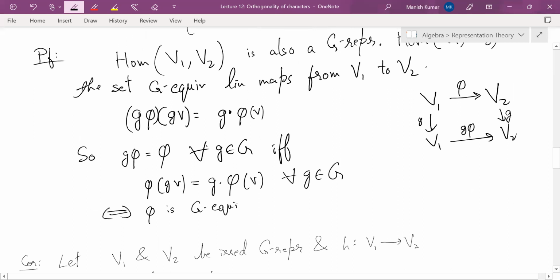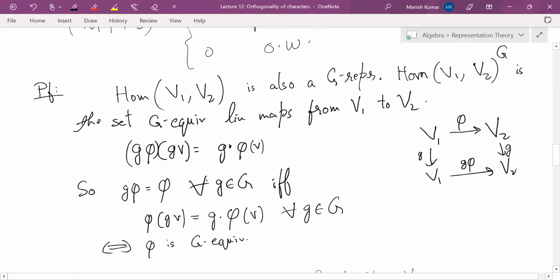That is the definition of G equivariant. So this set consists of equivariant maps.